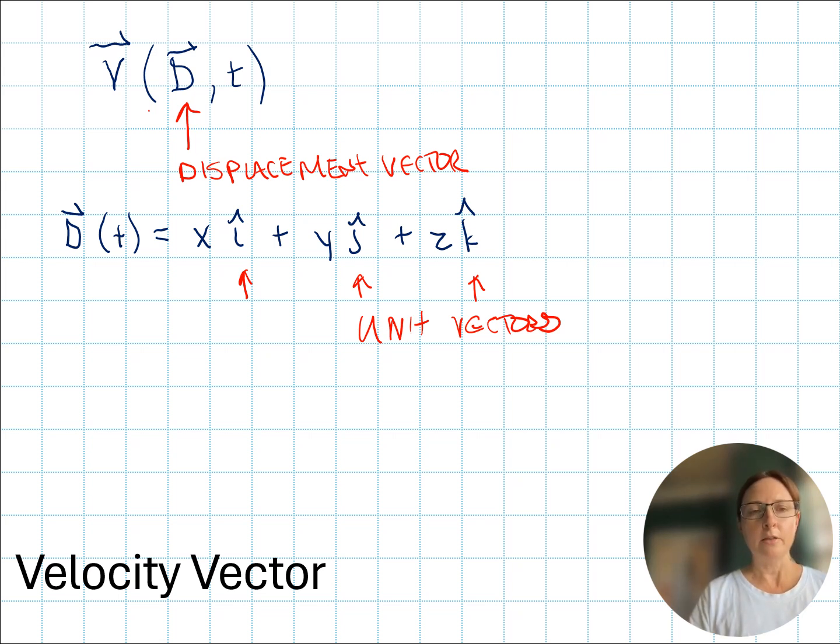And then here, the x, y, and z are the magnitudes of position in the i, j, and k directions, respectively. So as we said at the start of the video, the velocity vector is defined as the change of this displacement vector over time.